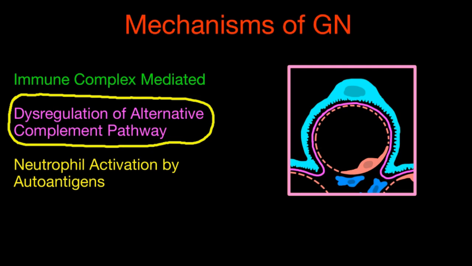And so it sort of turns into a vicious cycle of attracting more neutrophils and more neutrophil activation at a certain locus. And so some of these diseases can affect different tissues and different organ systems, but the glomerulus tends to be affected by some of these diseases, and it's an important cause of GN.